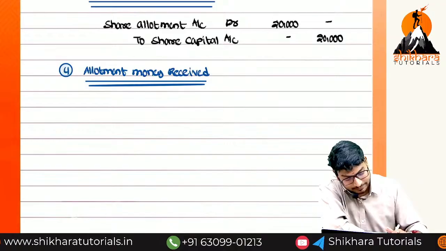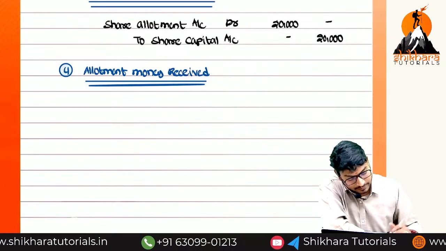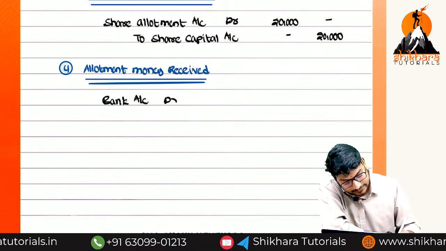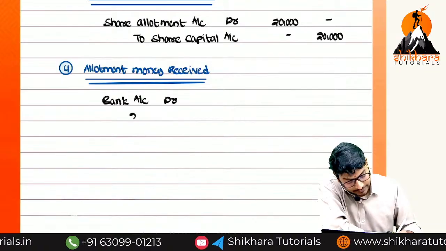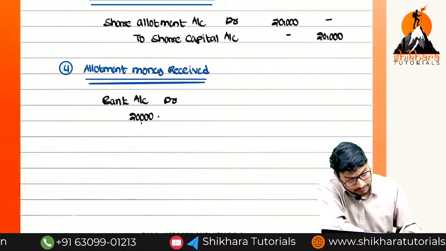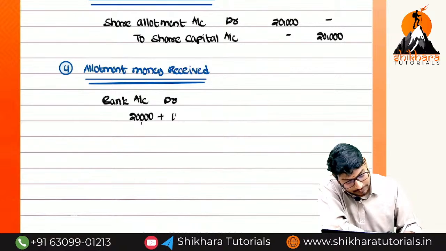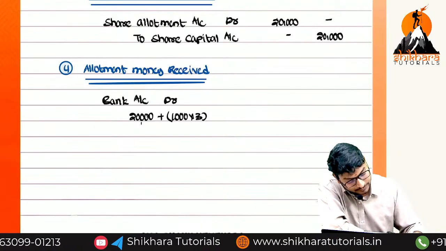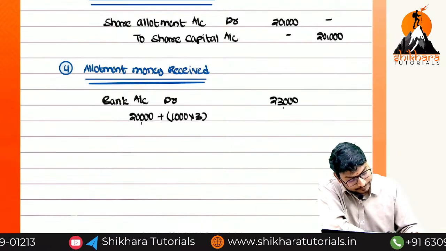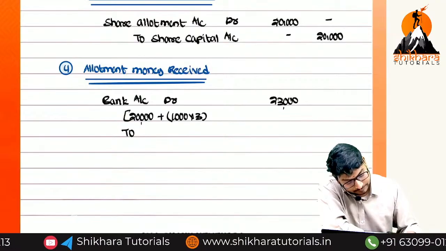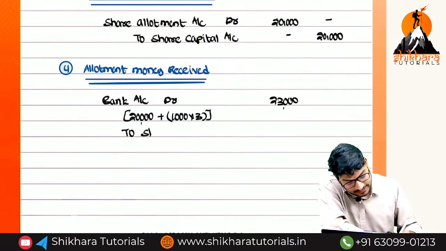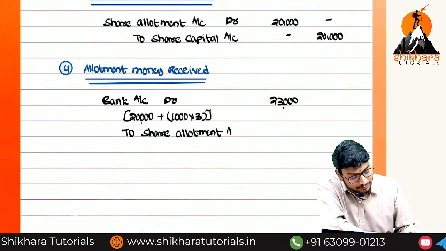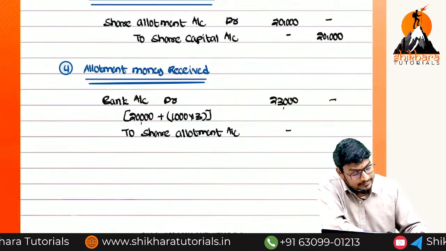So write the entry, ma. Bank account debit. How much have we received? 20,000 plus 1,000 into 3 rupees. What is the total amount, ma? 23,000. To share allotment. How much is it credited with? 20,000.